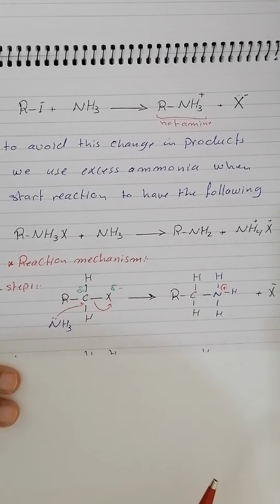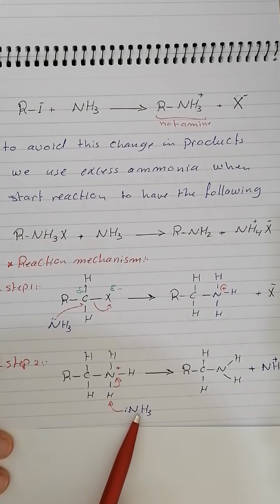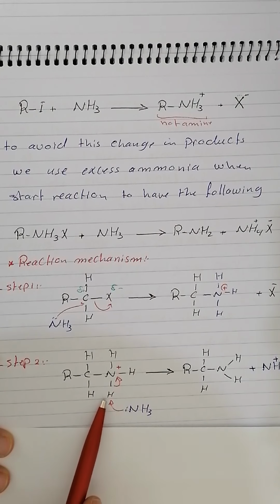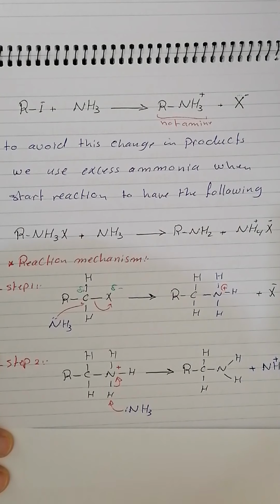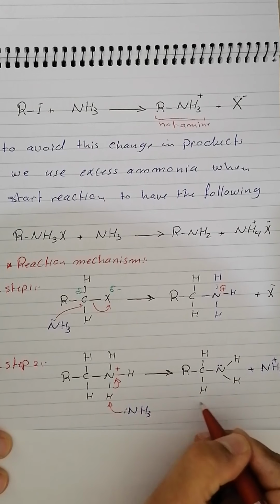But now, the excess ammonia with its two electrons will react to take one of the hydrogens from this positive ion, and the two electrons come back to nitrogen to give this structure, which is amine.